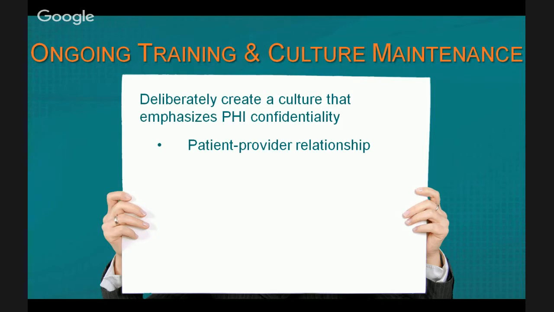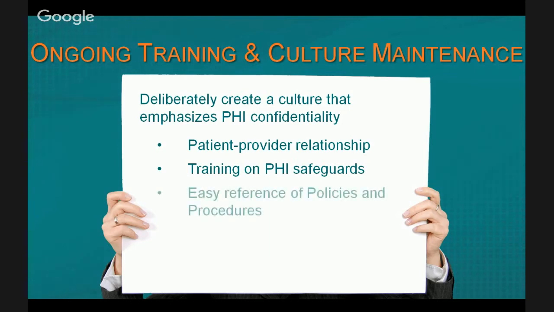Just remind the workforce that patients expect your practice to be a good steward of their healthcare information. Second, continually reminding staff to safeguard confidentiality and the security of ePHI. Number three, make sure your staff has a copy of your policies and procedures for easy reference, and remind them to comply with those policies and procedures.